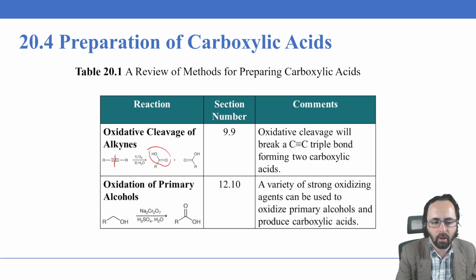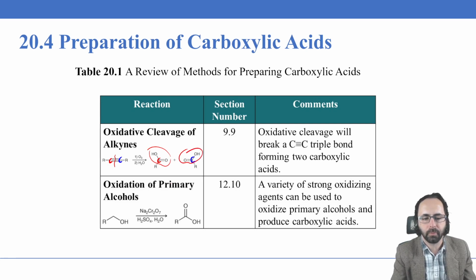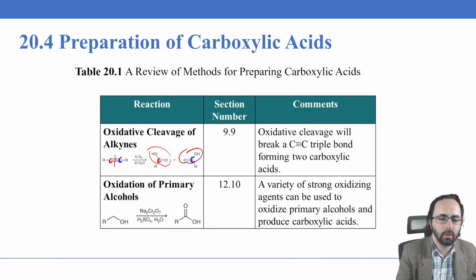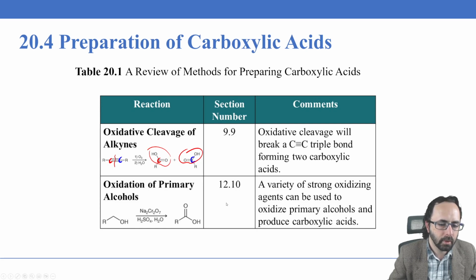What's added on is the double bonded oxygen and the OH. So if you split a triple bond, you'll get 2 carboxylic acids, with the carbon being the carbonyl carbon, which was the carbon on the triple bond.